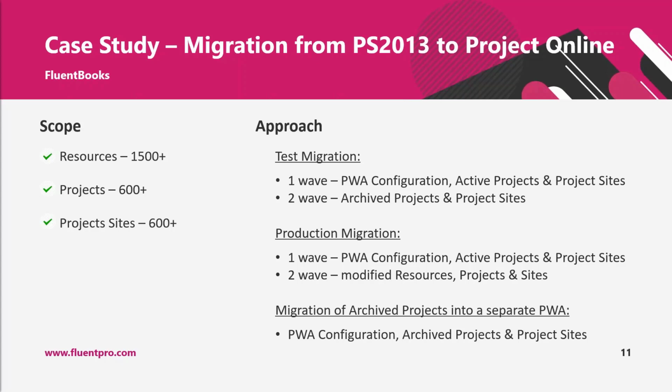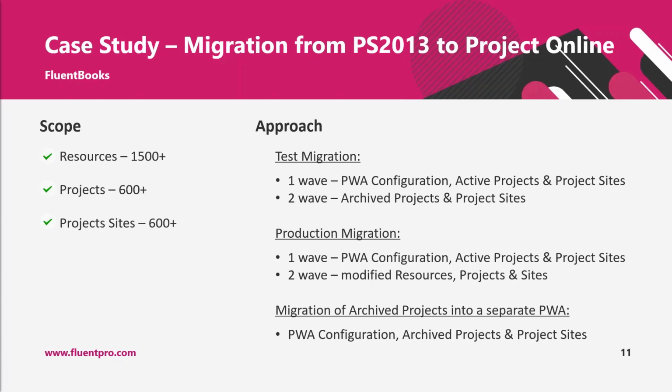So the approach that we used for this migration is the following. First, we did a test migration, and we did test migration in two waves. We migrated PWA configuration and active projects and their project sites first, because these were priority items.